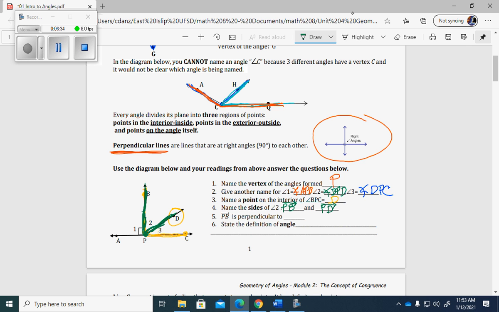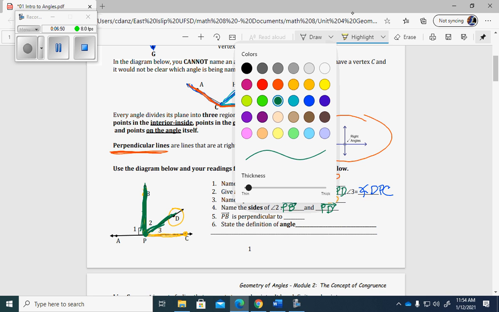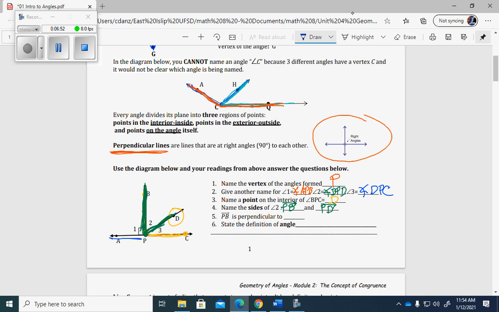When we name a ray, we always start at the endpoint. Now, PB, this ray that's going up, is perpendicular to that bottom line, because it makes a right angle. See that box right there?